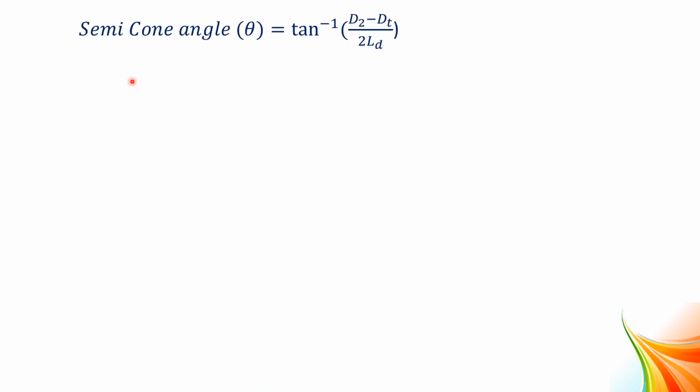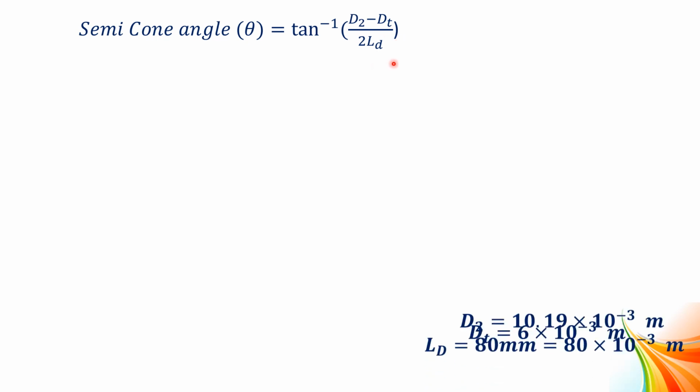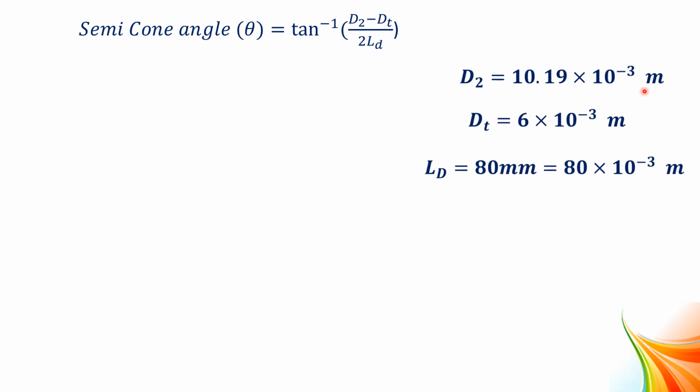Now we have to calculate the semicone angle theta. Semicone angle theta equal to tan inverse of (d2 minus dt) divided by 2 ld. So d2 value we have already calculated, dt value is given in our problem, and ld is also given in our problem.